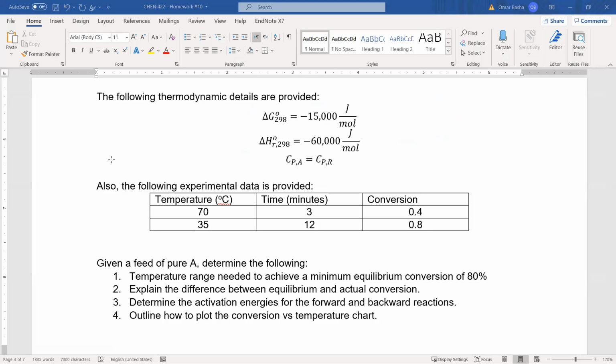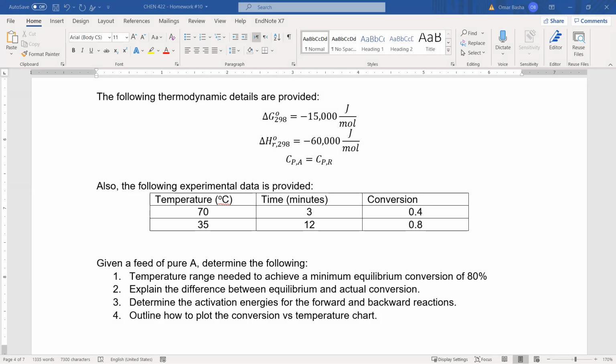So you're given a feed of pure A, and so this is problem 12 from homework number 8, if you recall. And we've already solved it, but let's go through it again, just for the sake of practice.